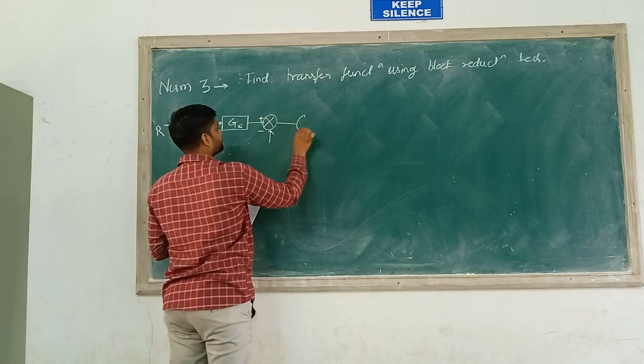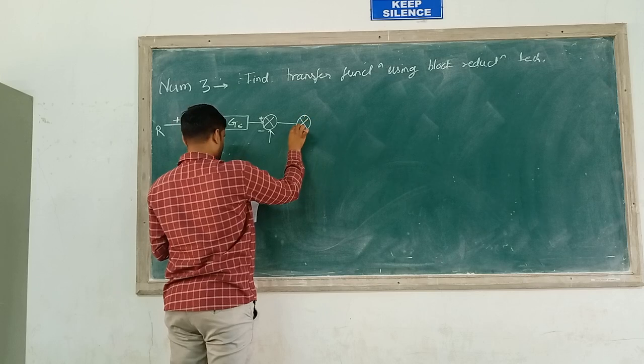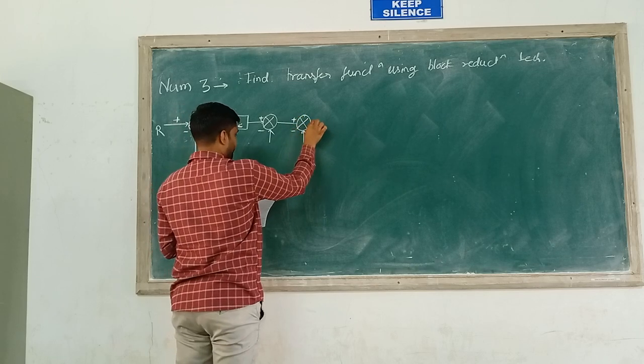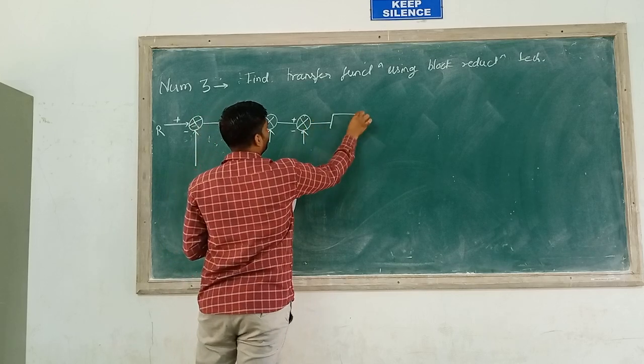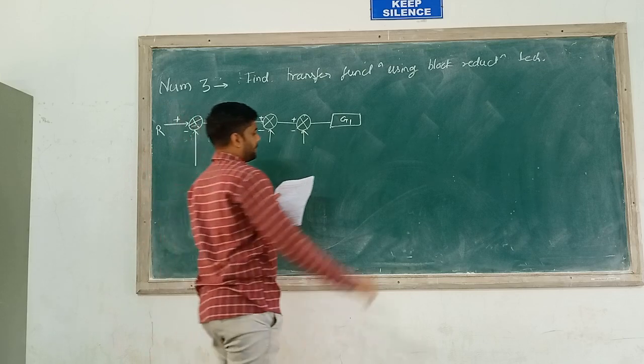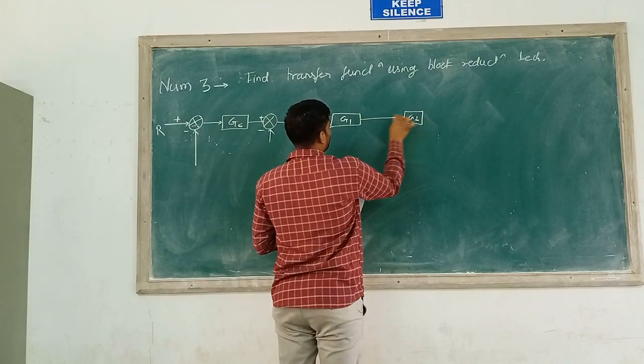Again, the second point is plus, minus. This block or function is G1. Then after this we have function G2.